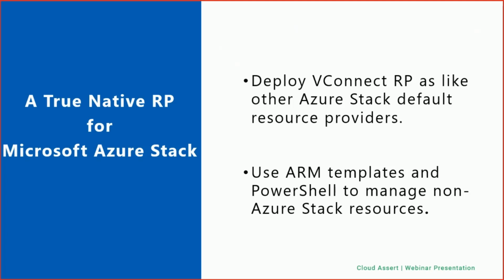Similar to that, you can deploy our VConnect RP, which has its own set of APIs in the backend to integrate with several technologies. As I mentioned, it may be VMware vCenter, OpenStack, or even any of the public clouds like Azure, AWS, and so on and so forth. Right?